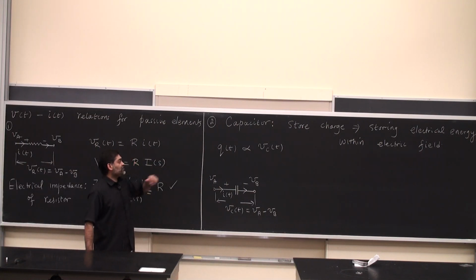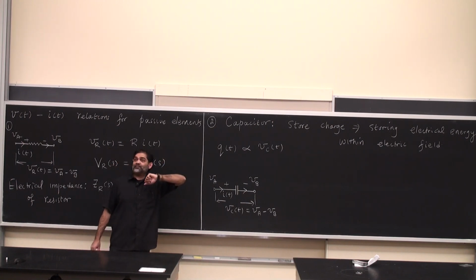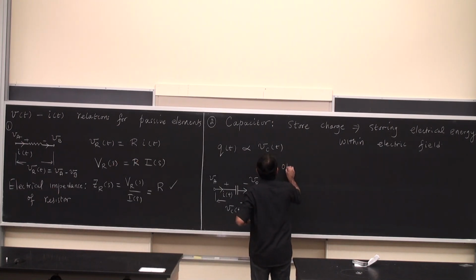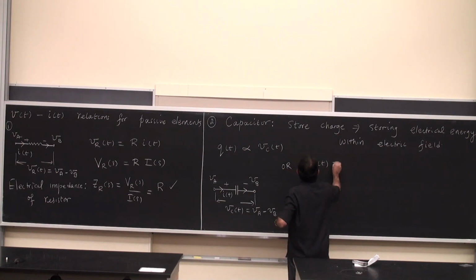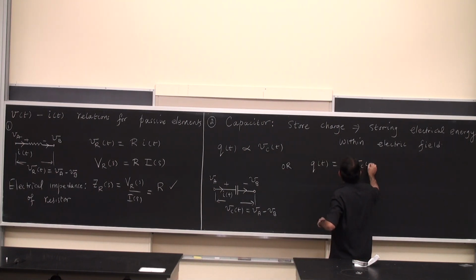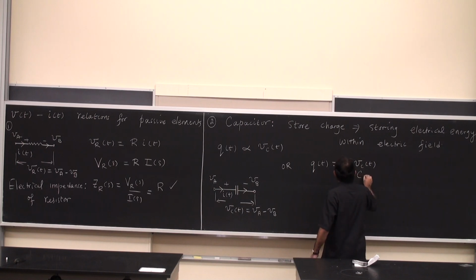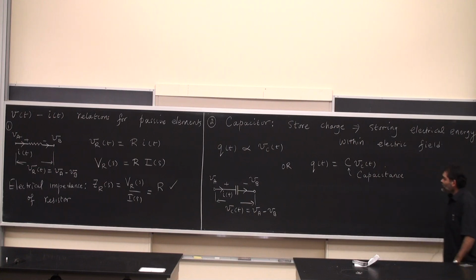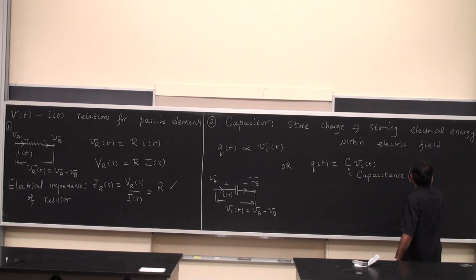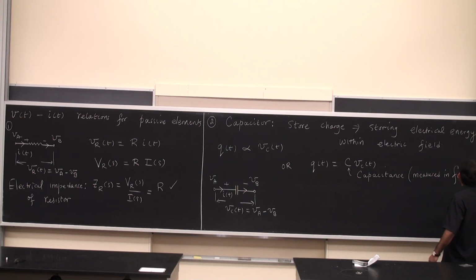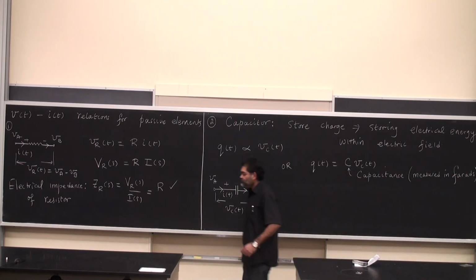So here, charge is proportional to the voltage drop across the capacitor. Q of t is C times Vc of t, where C is the capacitance of the capacitor. Capacitance is measured in farads, as you know, named after Michael Faraday.